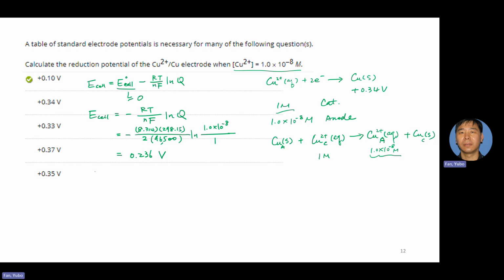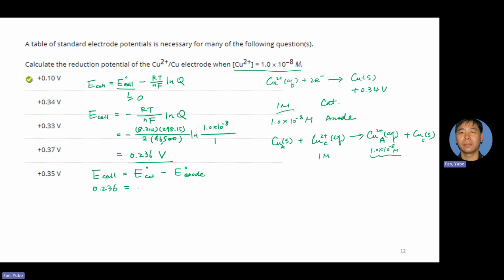Now we know E cell equals E standard cathode minus E standard anode. So 0.236 equals the cathode, which is the 1 molar copper 2 solution.